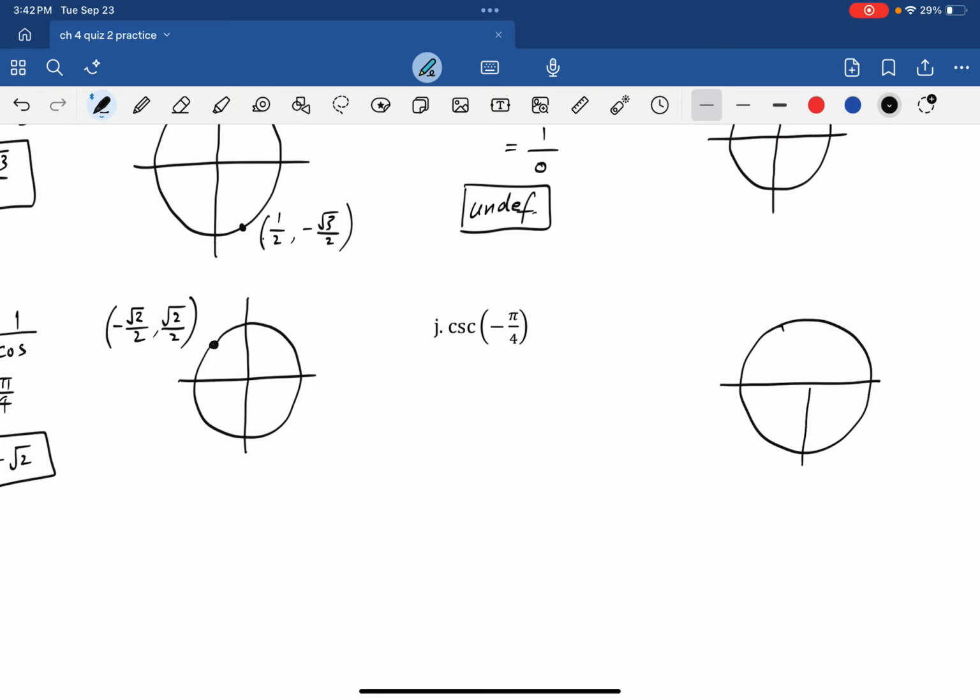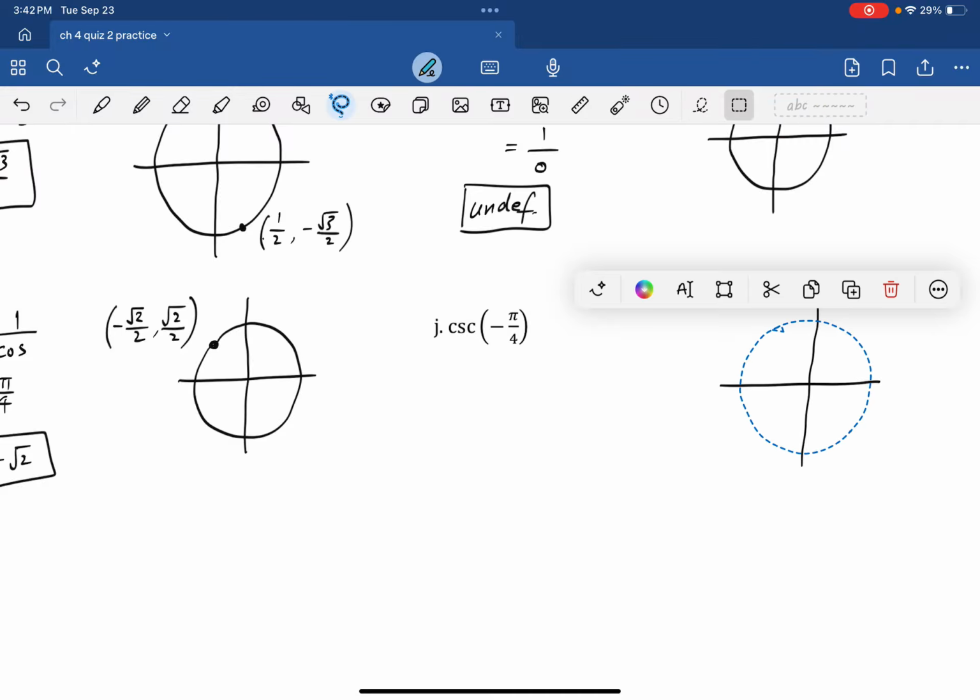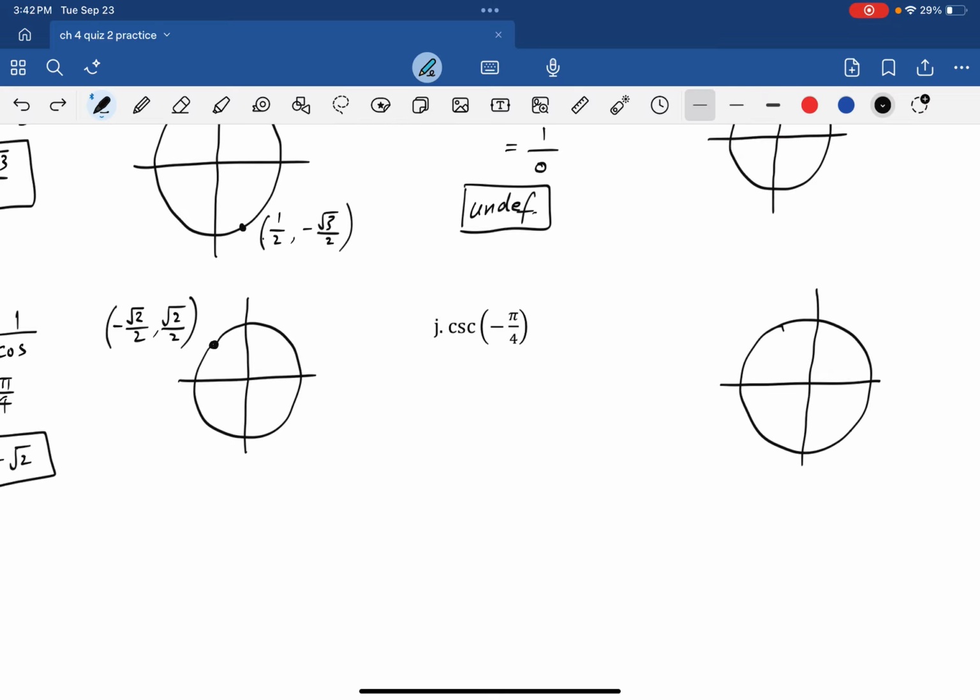Last one, cosecant of negative pi over 4. Negative pi over 4 is going to be in quadrant 4 right here. And the coordinates of this point are positive root 2 over 2, comma, negative root 2 over 2.